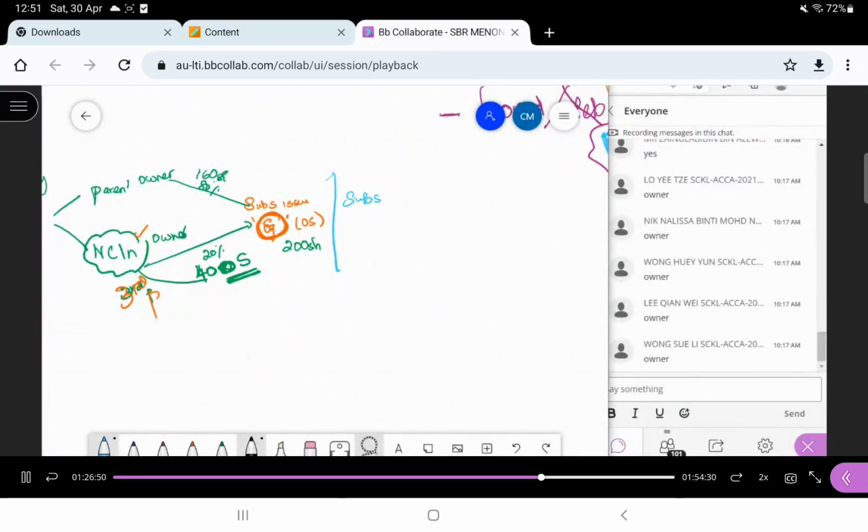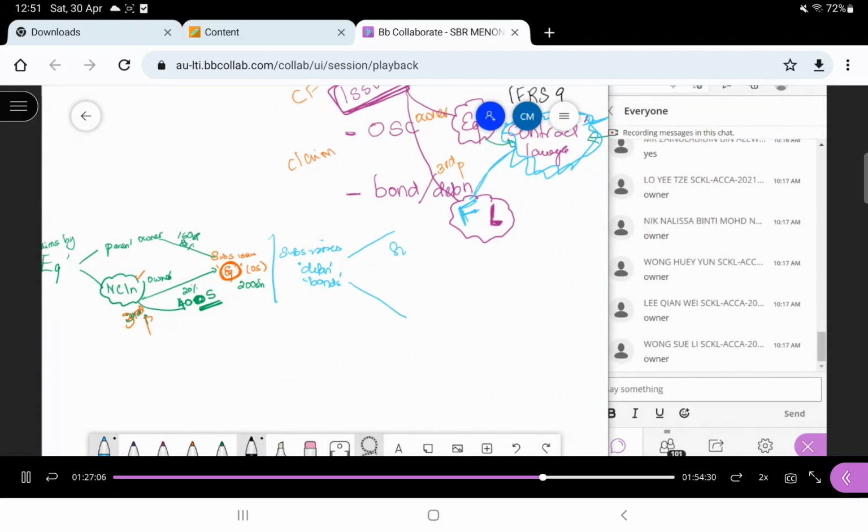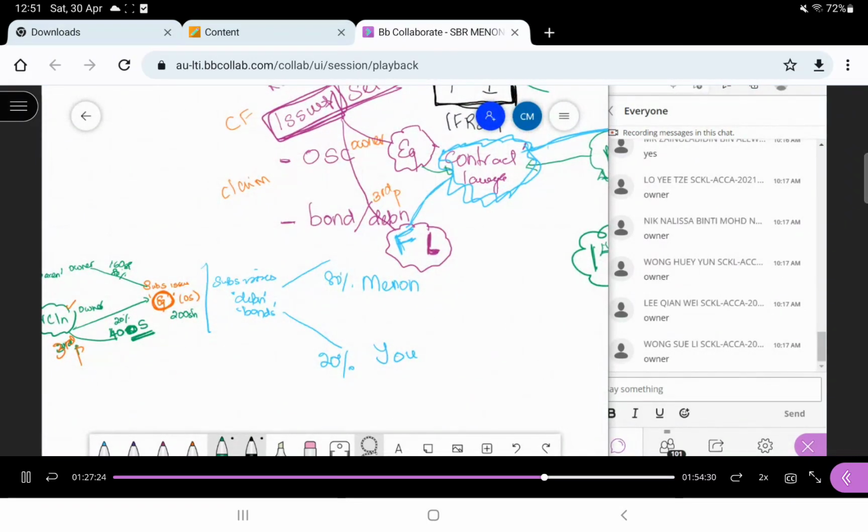Let's say the subsidiary issues debentures, bonds. Okay? And I tell you, 80% held by Menon, 20% held by you. Now, who is Menon and who is you? These are claims, but not as an owner.